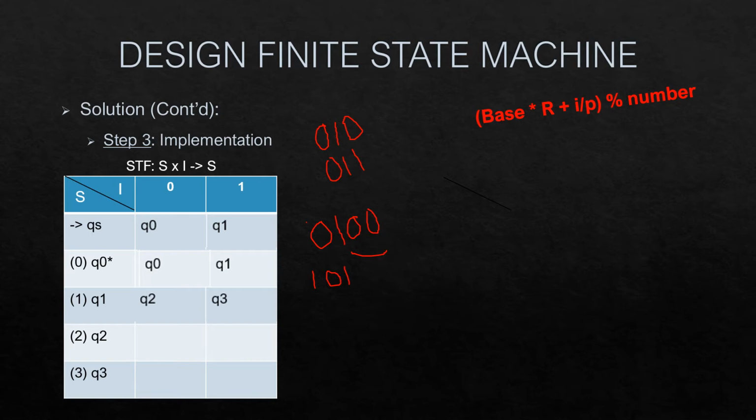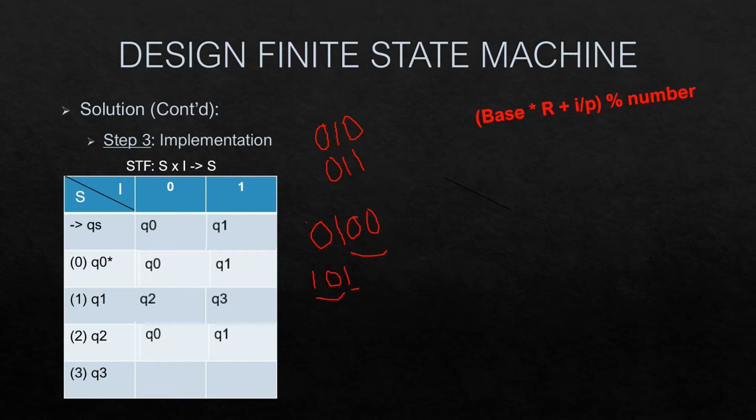Because my previous division had given me 2 as the remainder, that is why we had reached Q2 state, and the next input I am getting is a 1, so it becomes 101, that is 5. So 5 divided by 4 is going to give me remainder 1, so I will transit to Q1 state.